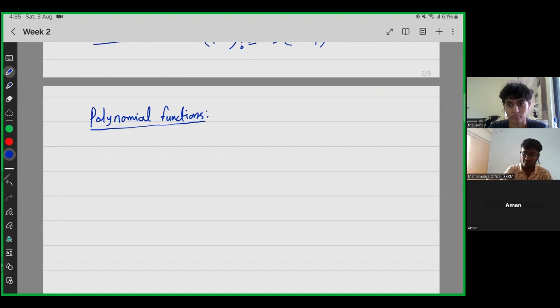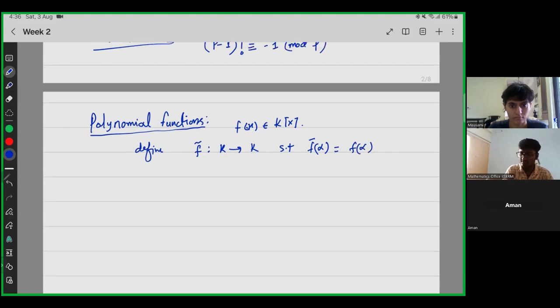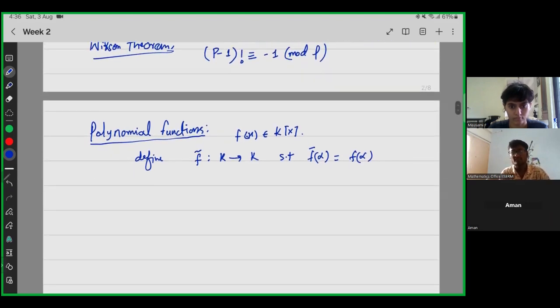Given any polynomial, let's say in one variable, let me take f(x) in K[x]. We can define a function from K to K. I'm also denoting it by f tilde, from K to K, such that f tilde of some alpha, which is from the field, is nothing but f of alpha, evaluating the polynomial at that alpha.